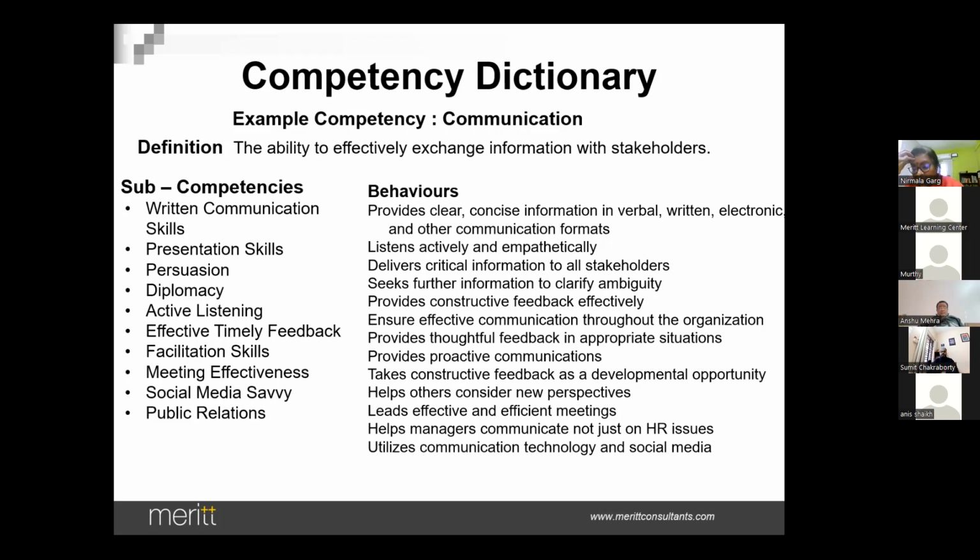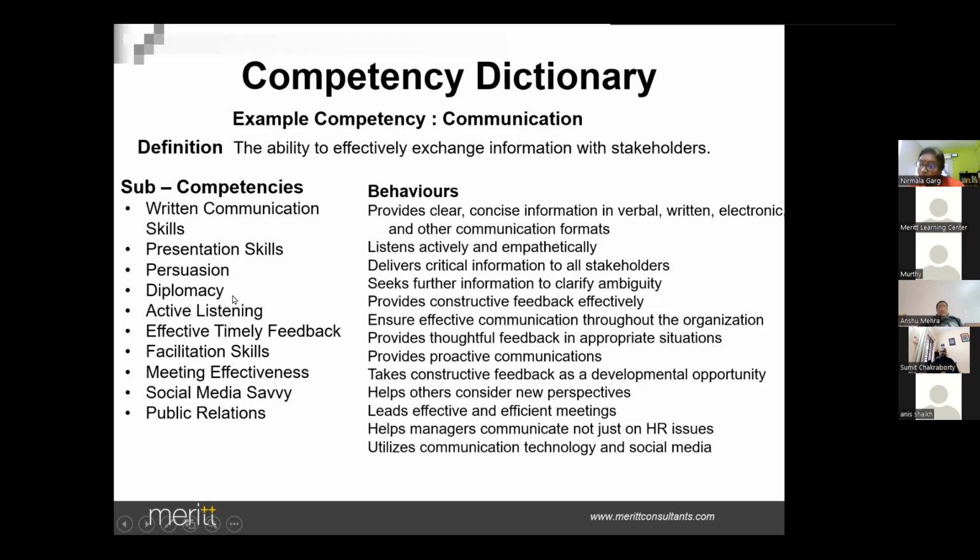Okay, competency. Now, communication will also have some related competencies. What can they be? Tell me. Though I have written already a list. What are the other related competencies of communication? Written communication, you'll agree? Yeah. Presentation skills, persuasion. Yes.